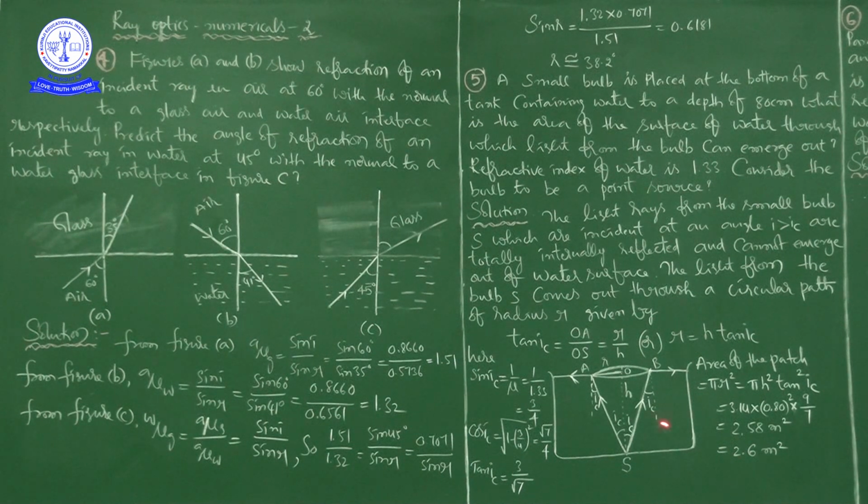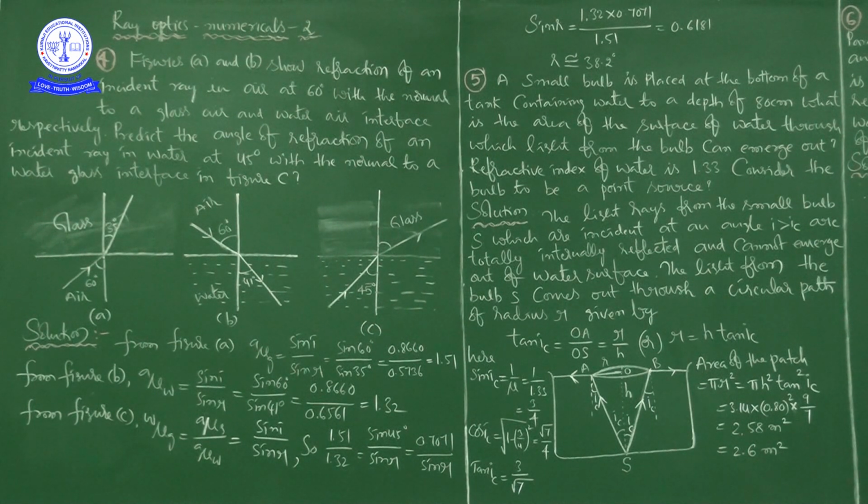So here the phenomenon is total internal reflection. When the angle of incidence is greater than the critical angle, all the light reflects back into the same medium and no light goes out of the medium.